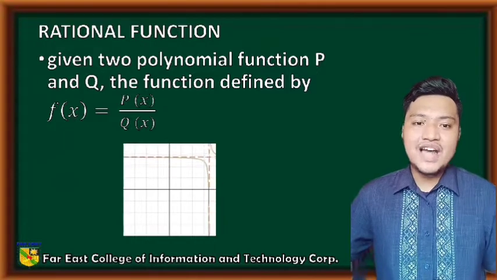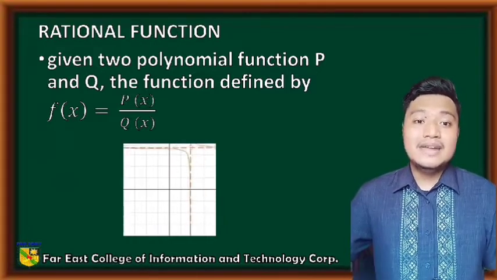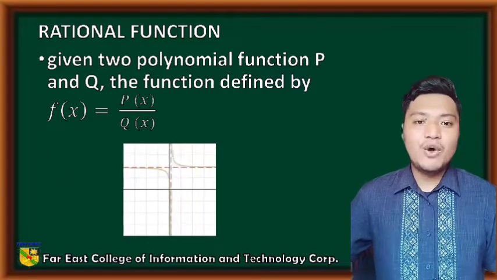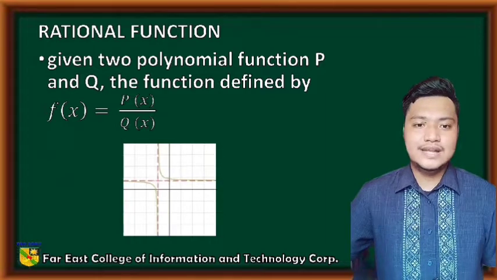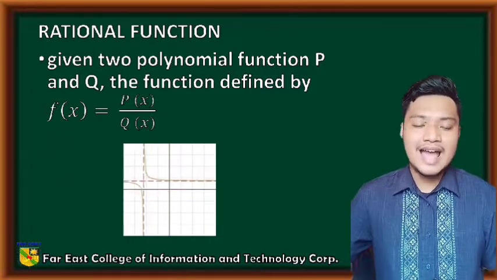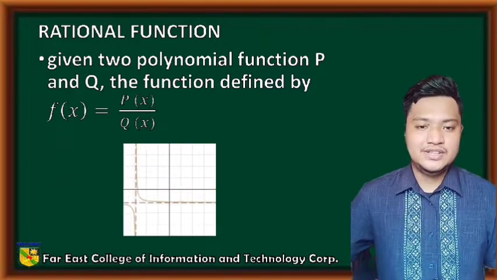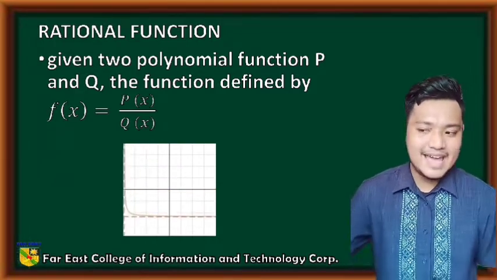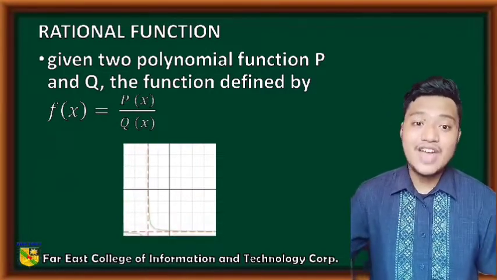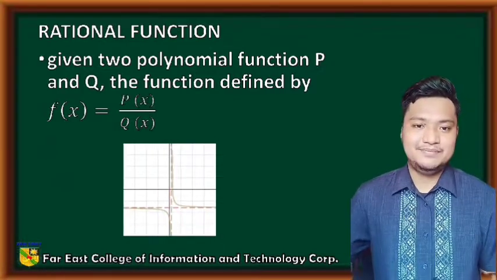Meaning, in a rational function, there is no negative exponent. If you see a negative exponent in the equation, it is not a rational function, as well as not a polynomial function. So the function is defined by f of x is equal to p of x over q of x.